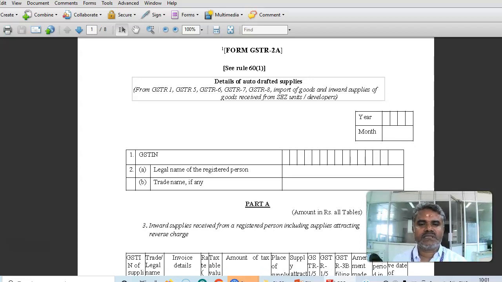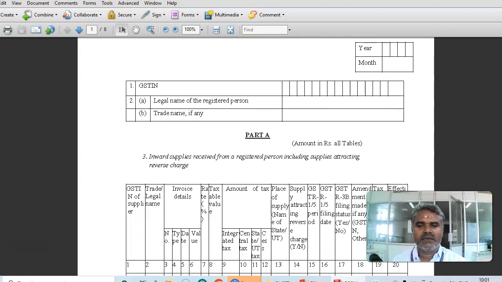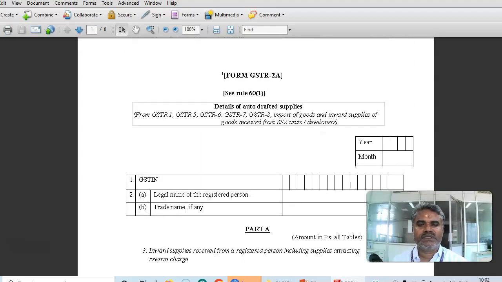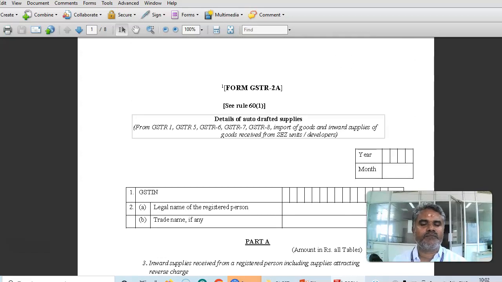Okay, this is an acknowledgement given by the GST authorities, but you need not submit or file 2A.